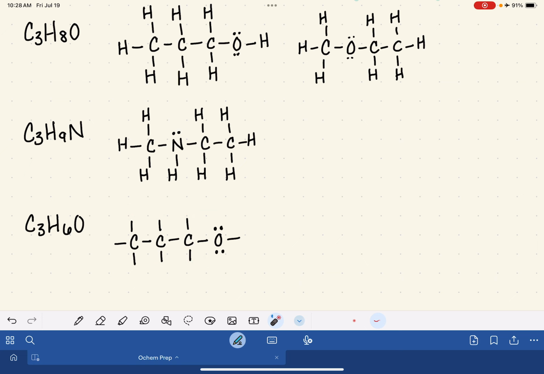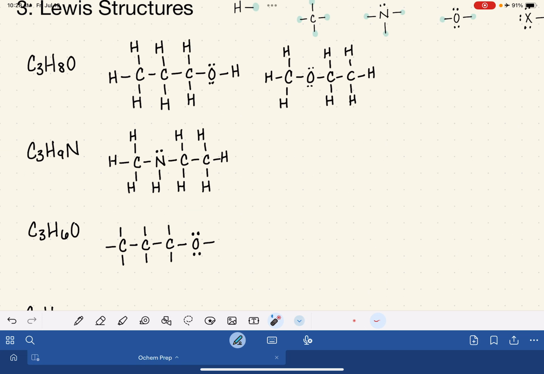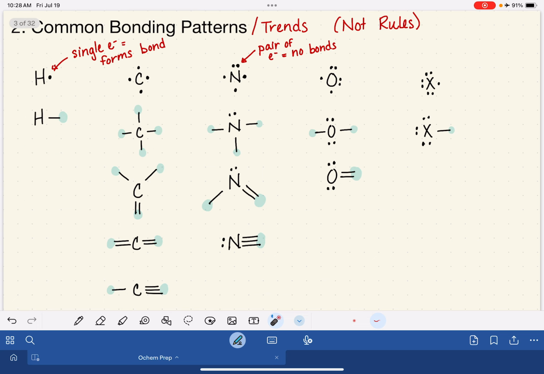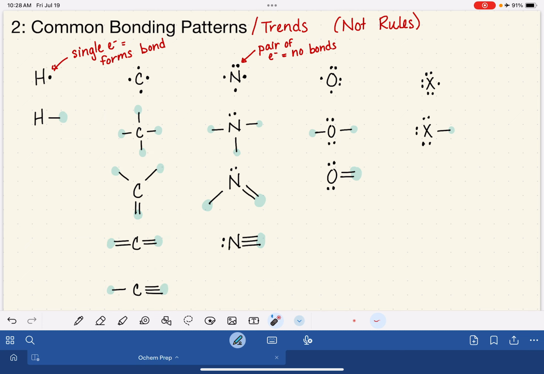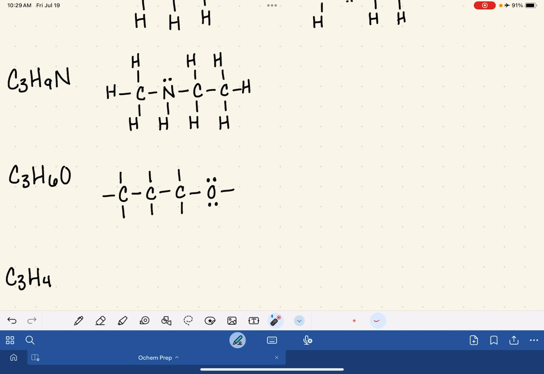Don't be stressed out by that. When we run into this situation where we don't quite have enough hydrogen atoms to fill everything in, that simply means that one of our inner atoms, one of our carbons or our oxygen, is forming a multiple bond. So remember that carbon atoms can have double bonds or even triple bonds. The oxygen atom can have a double bond as well. So we just need to make a multiple bond somewhere in this molecule.